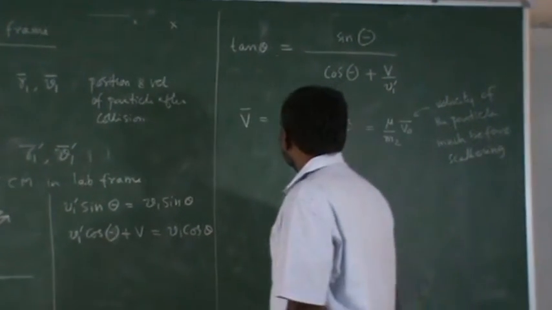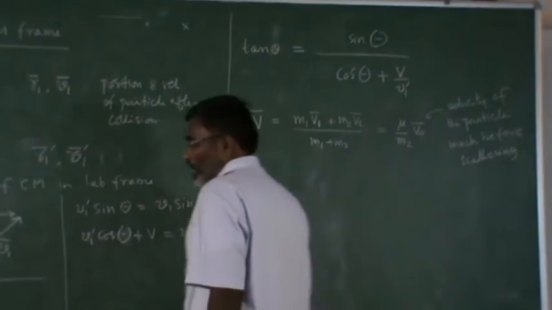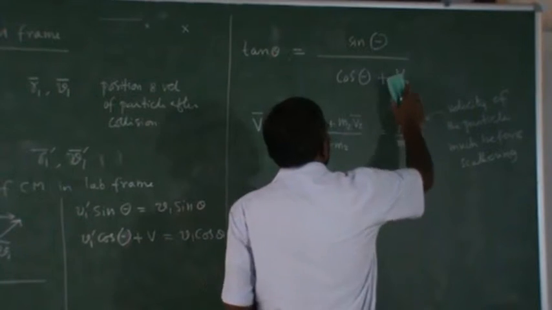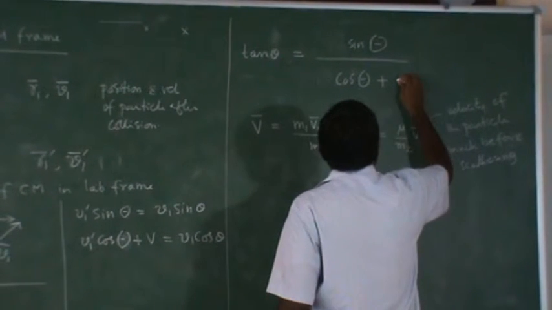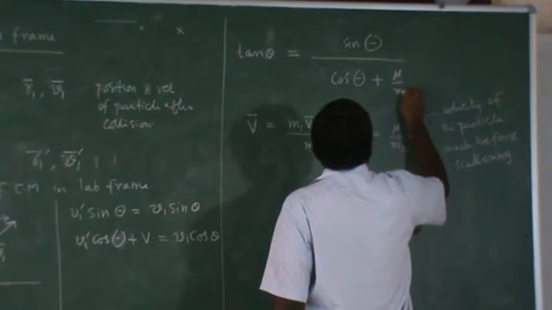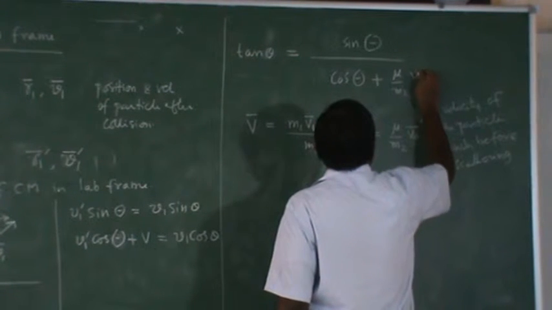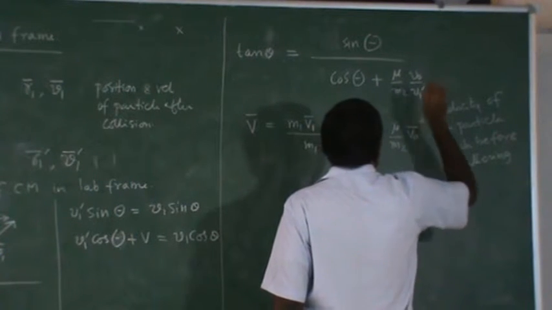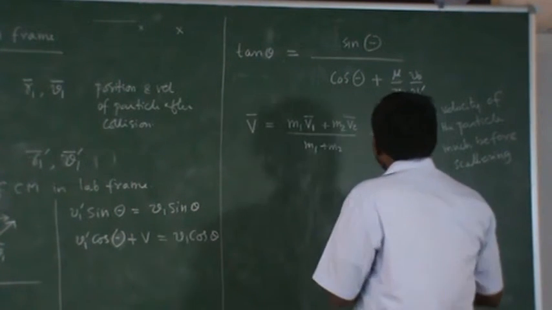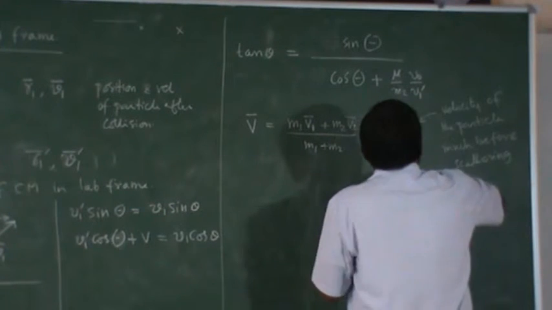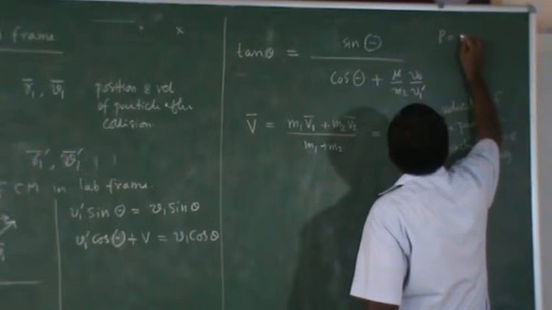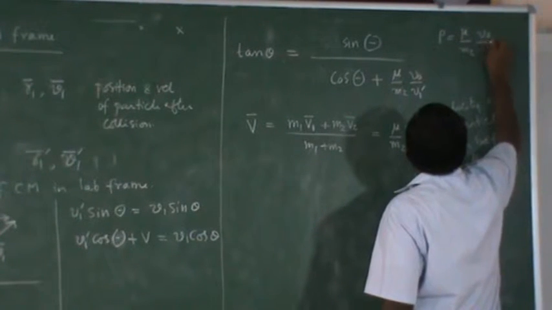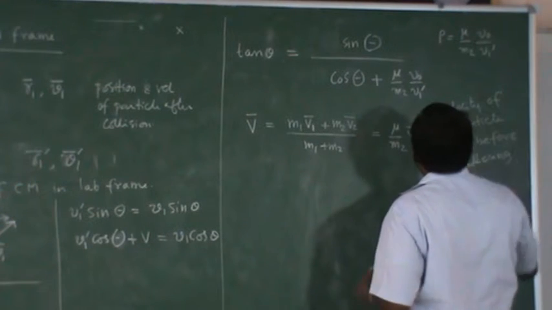If I substitute that here, I will have mu by M2 into V0 divided by V1 prime. Let me call this one rho. Rho is equal to mu by M2 into V0 divided by V1 prime.